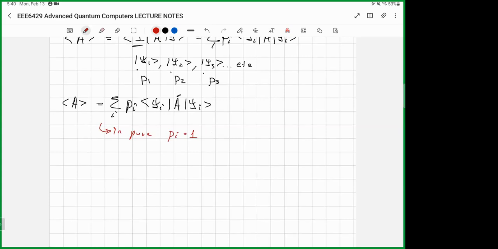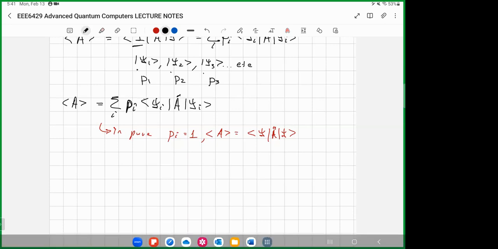And then this turns back to this definition of the expectation value. But in the case of the ensemble, we have to average all the states over these classical probabilities p_i.